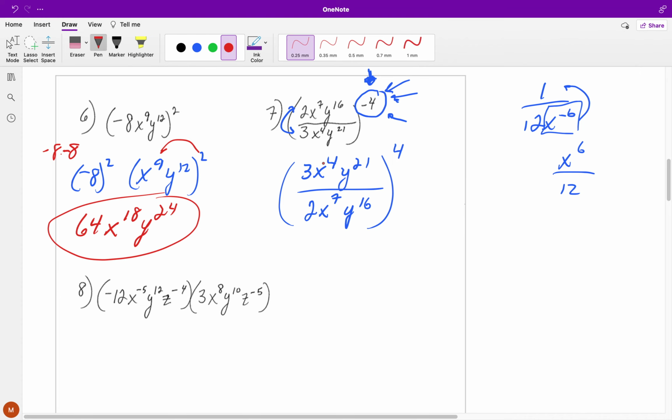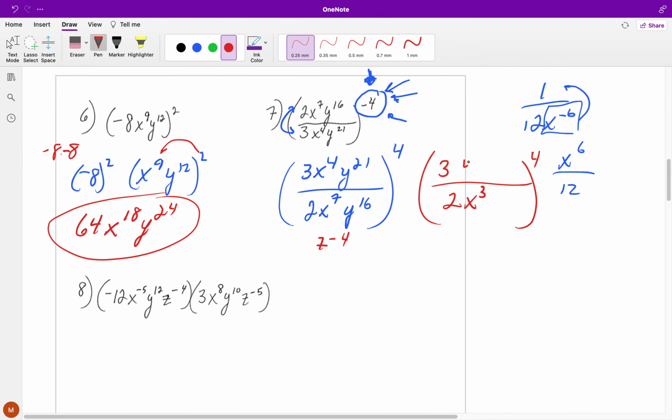Then I'm going to simplify what's on the inside. So I'm going to do my 3 and 2. This is being raised to the 4th power. Actually, let's do that last because I'm going to simplify everything on the inside first. So now we have 3 over 2. I have more x's in my denominator, so I'm going to write x there. 7 minus 4 is going to give me 3.